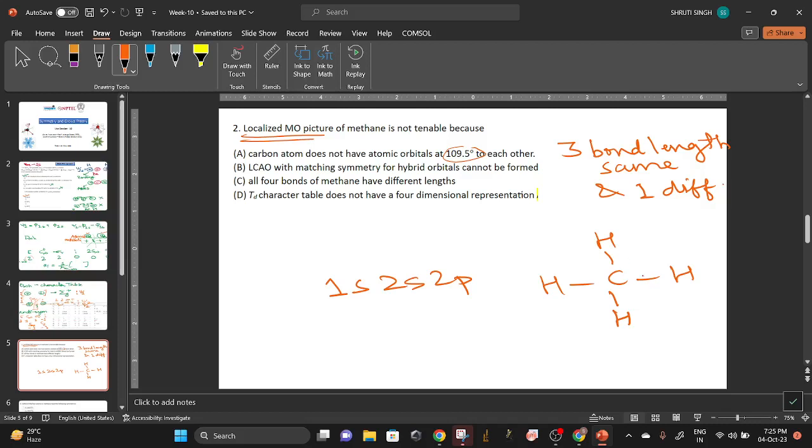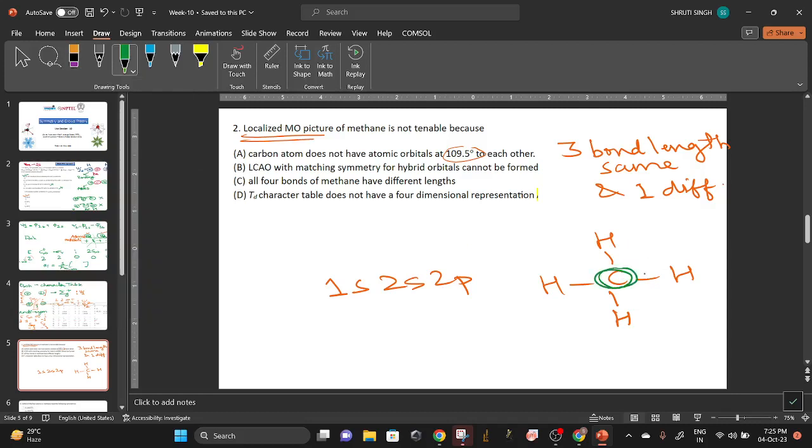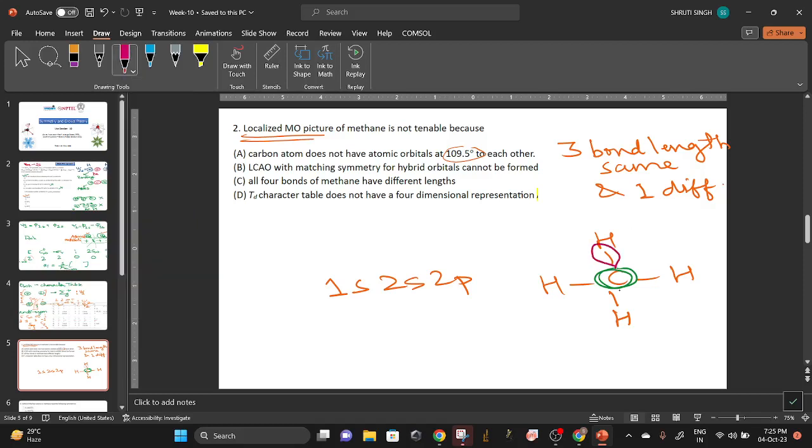But of these atomic orbitals, one is spherical, so it will be something like this, and the p orbitals will be, suppose this is one p, this is another, and this is another. So these are the p orbitals.